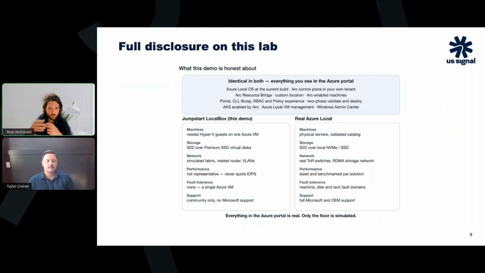Those Hyper-V guests are acting as your physical servers on premise. Storage wise, I've just got some virtual disks, comparable to your local hardware. Again, networking is all within Azure. On prem, it would be your top of rack switches and your storage networks. Yeah, but this will show the experience of what it's like to work with Azure Local. So that's really what we want to show here.